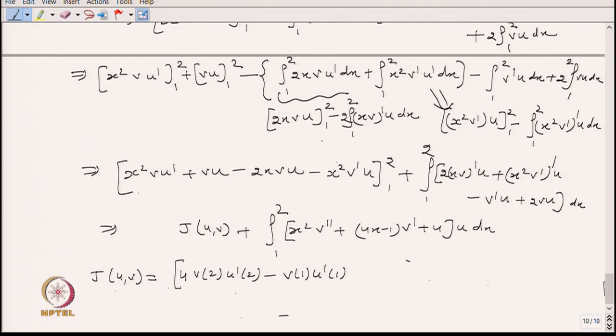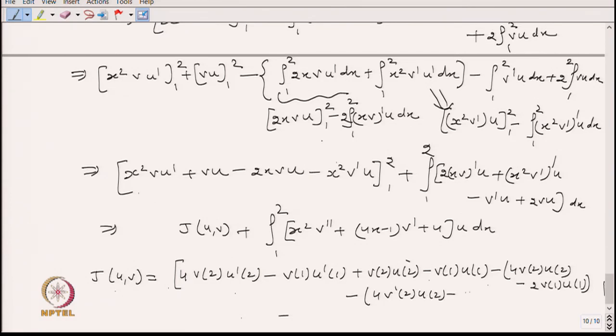So, this will be the first quantity, plus v2 u2 minus v1 u1, and then 2 to 4 v2 u2 minus 2 v1 u1, so this quantity is there, minus 4 v dash 2 u2 minus v dash 1 u1.